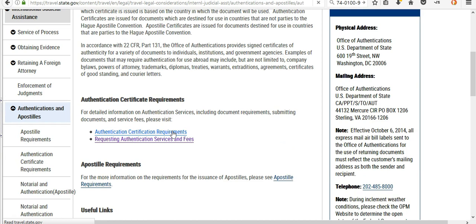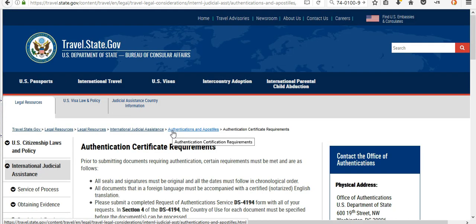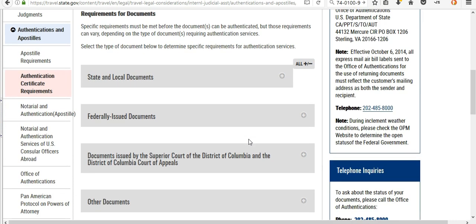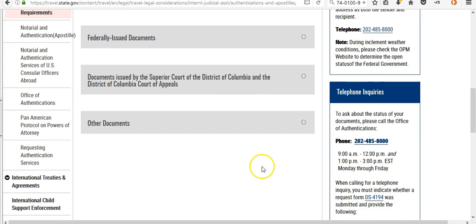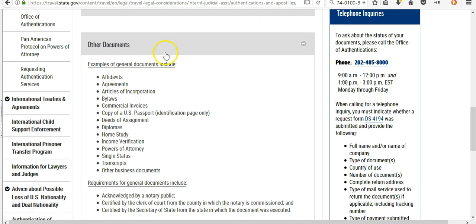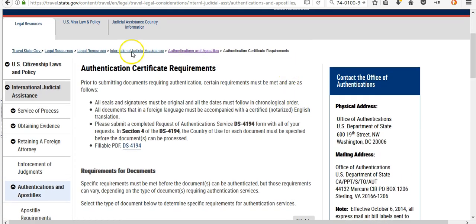Let's see, authentication requirements. State, federal issue documents. Other documents. Look, check this out. Authentication certificate requirements.